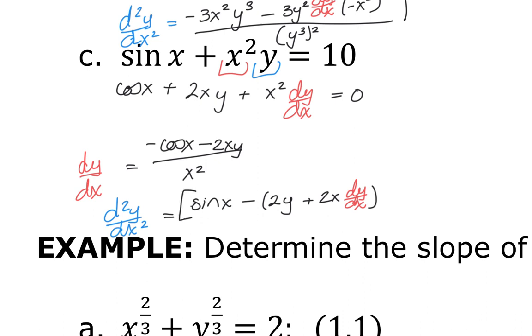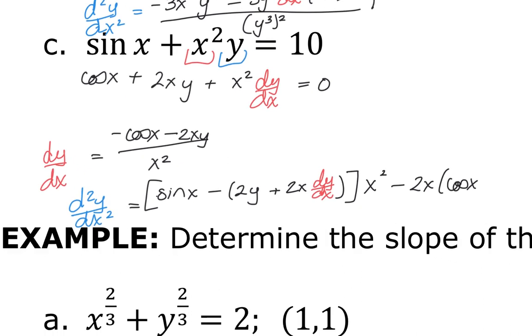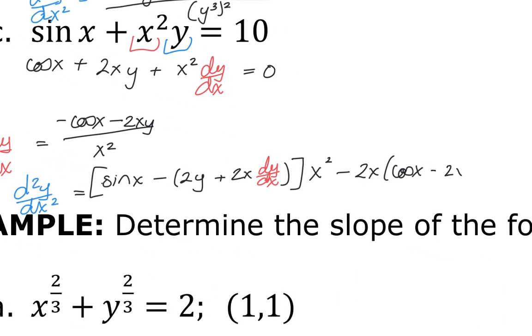That is the derivative of the numerator that needs to be multiplied by the denominator, which is x squared, and then minus derivative of the denominator, which is 2x multiplied by the cosine of x minus 2xy, all divided by the denominator squared, all divided by x squared squared.